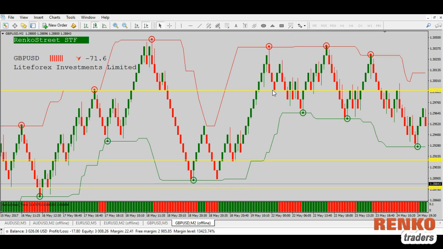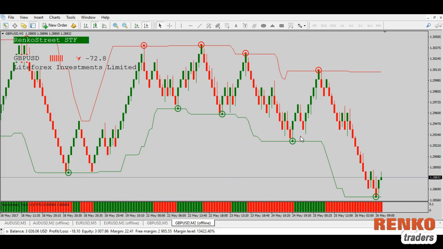Now, one of the drawbacks of the trading system is that not only do you have to deal with the repainting factor of the Renkostreet channel indicator, there is also the currency strength indicator that you need to keep a close eye on, because depending on the price action, this can just quickly shift from a negative to a positive value.